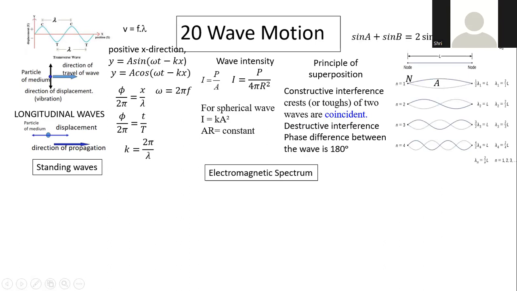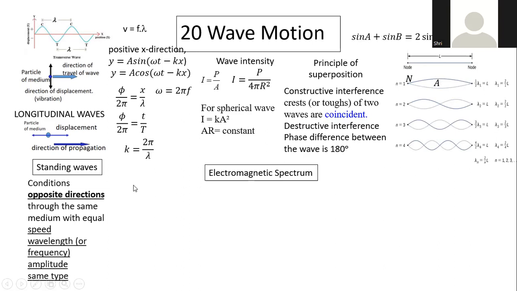Then know your standing wave in a string. This is the first one: there's the node, there's the antinode, and the node. The antinode is the largest amplitude. Know how to derive all these equations. Then the condition for standing wave: both waves must travel in opposite directions through the same medium.